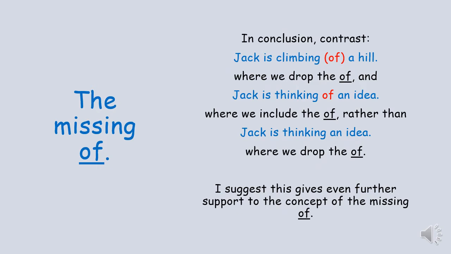In conclusion, let's just contrast a couple of sentences. Jack is climbing a hill, where an of is absent between climbing and a, and where we've effectively dropped the of, and Jack is thinking of an idea, where we include the of rather than saying Jack is thinking an idea, where we'd consider dropping the of.